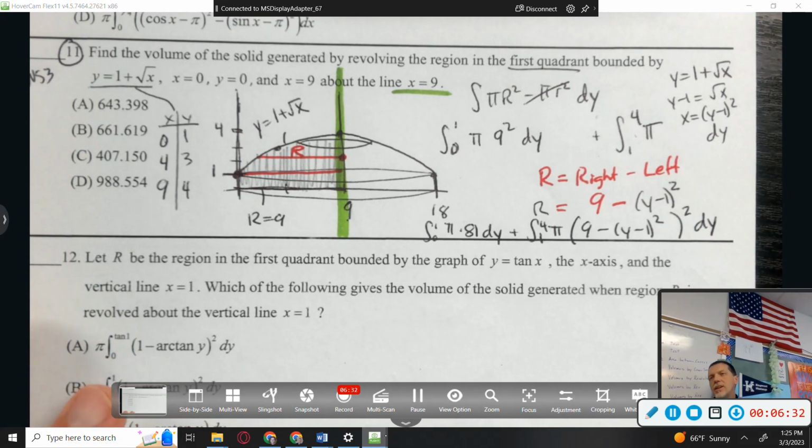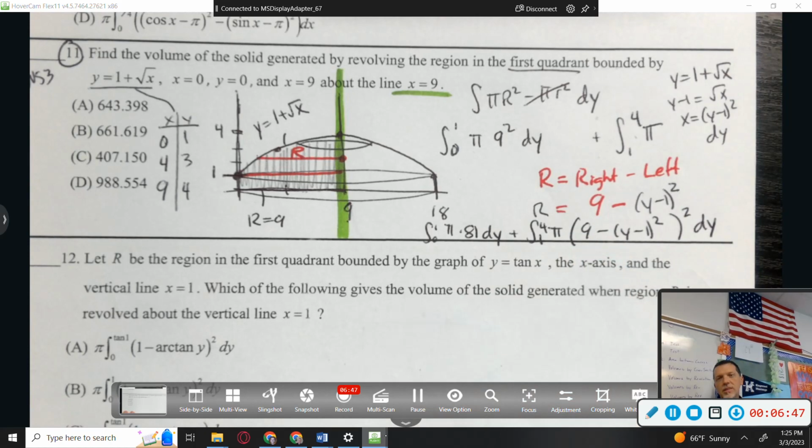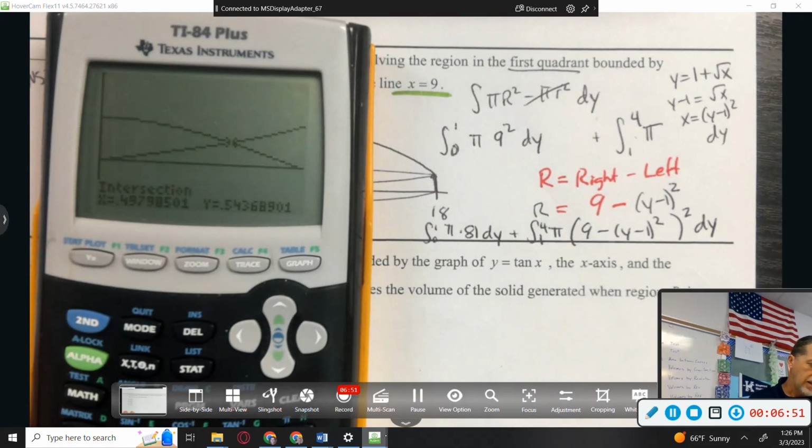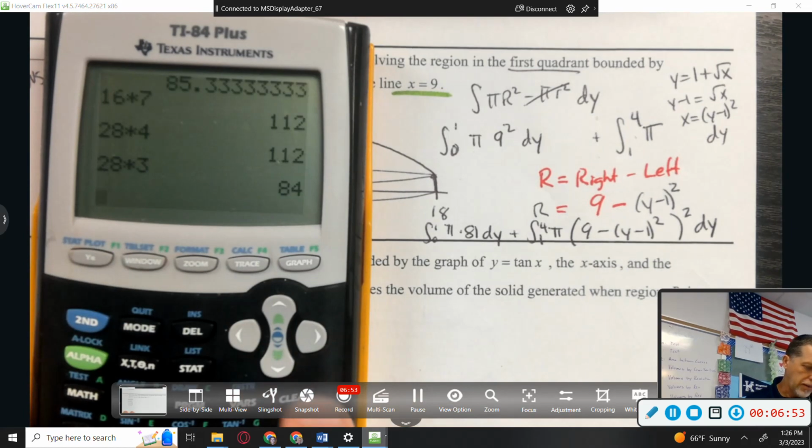That one is one that could be on the test. That's representative of the maximum difficulty we would want. So you do have to divide it into 2, but one of the pieces is just a cylinder, and the other one is moderately difficult. The calculator thing on this one would be kind of a pain.